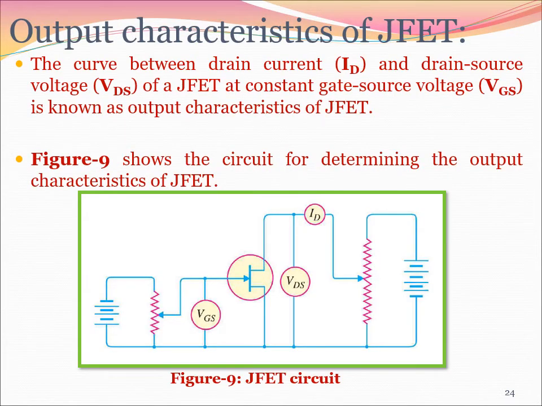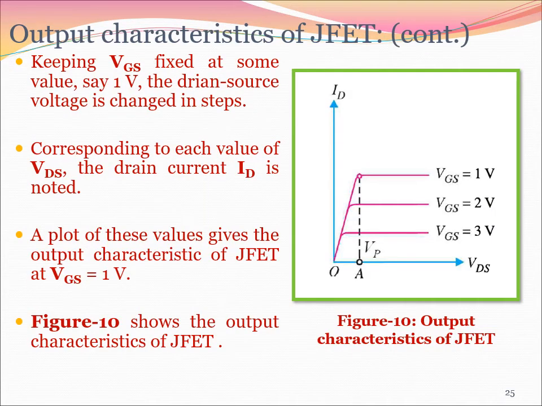So this is a quite interesting topic, the output characteristics, because this device is voltage controlled and output is normally in current. So drain current is there. Just a quick example: we have a fixed VGS, meaning at gate to source voltage we have kept it constant, let's suppose 1 volt.